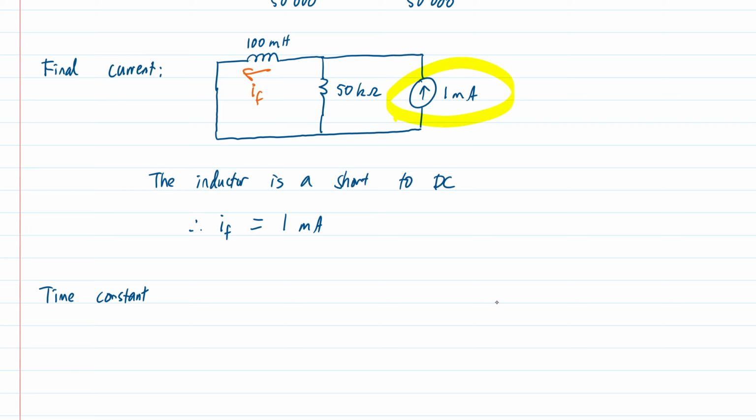If we have independent sources, we can turn them off in order to get the time constant. So turn off all independent sources. If I turn off that current source, then it becomes just an open circuit, and so I just have the resistance by itself.